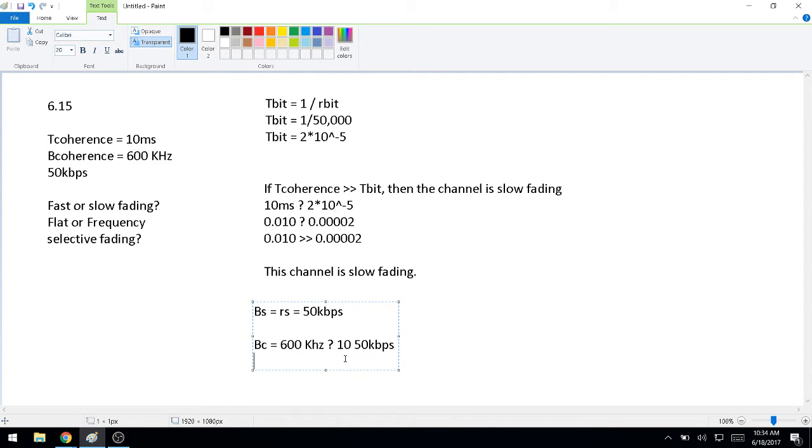And so if we do that comparison, we have 600 kilohertz compared to 500 kilobits per second. Or technically, at this point, kilohertz now.